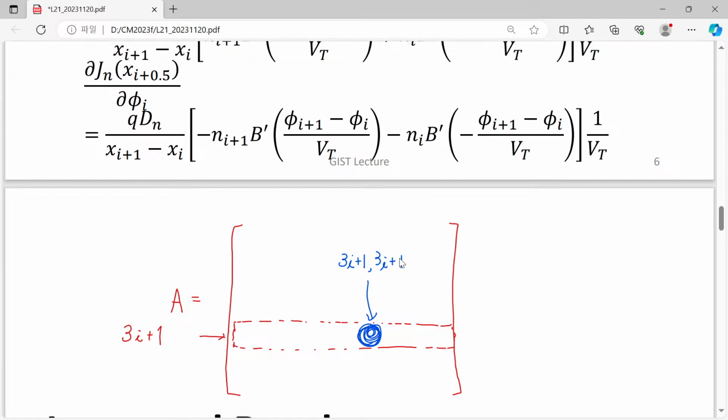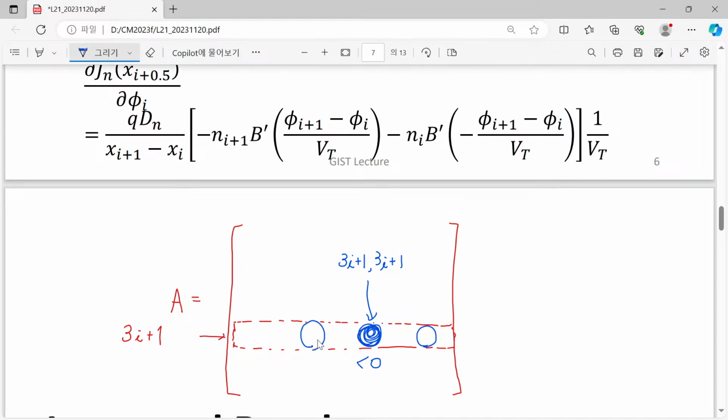I just told you that this always corresponds to a negative number. And here we have other neighboring numbers.